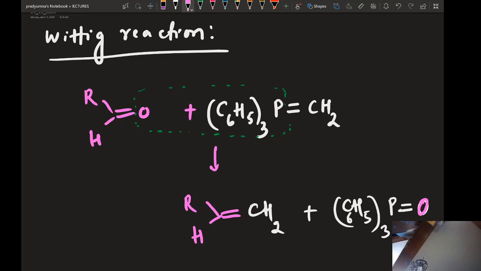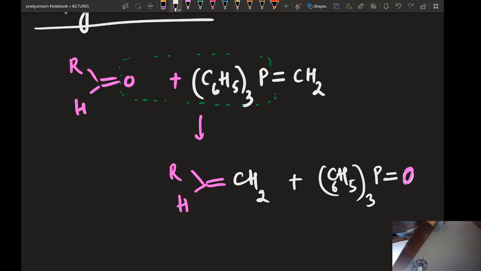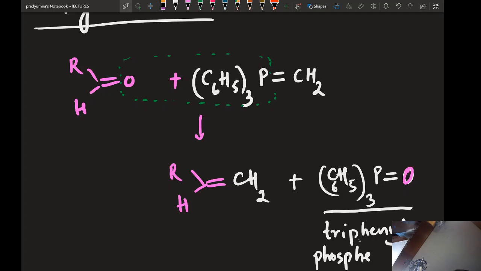So let's talk about the mechanism for this reaction. This is our triphenyl phosphine oxide, and this is our phosphonium halide.